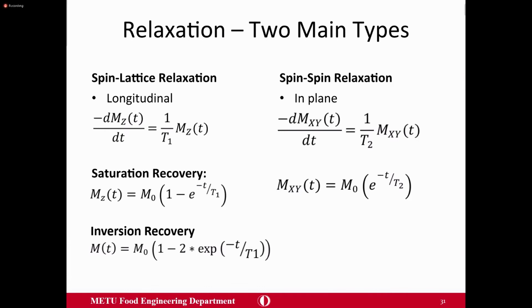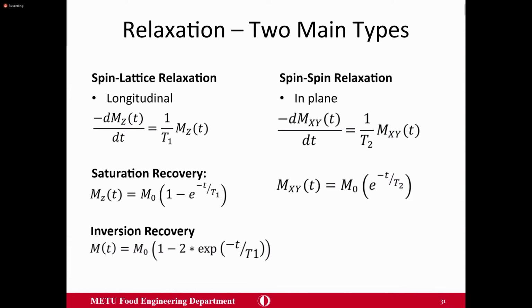You see that in these equations, the signal Mz is a function of M0, which is directly related to the number of protons, and it is proportional to the T1 of your sample.